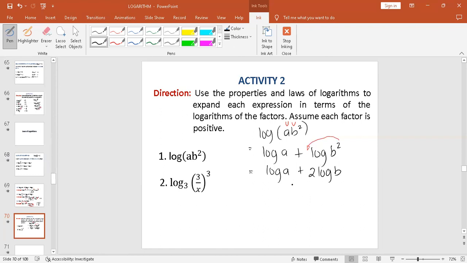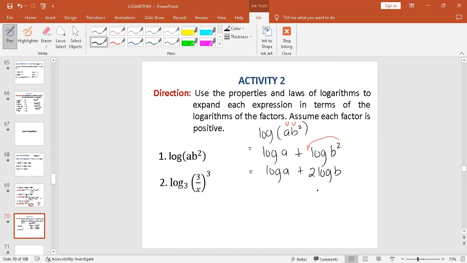Now, after expanding each term, we will look at each term if it can still be simplified using properties. Okay? Sa tingin niyo ba, yung first term, pwede pa ba siyang ma-simplify using any of the properties? Parang hindi naman na kasi wala namang define na values dyan.